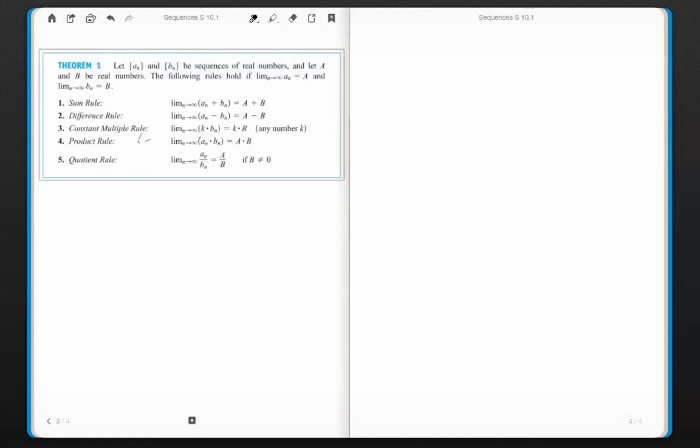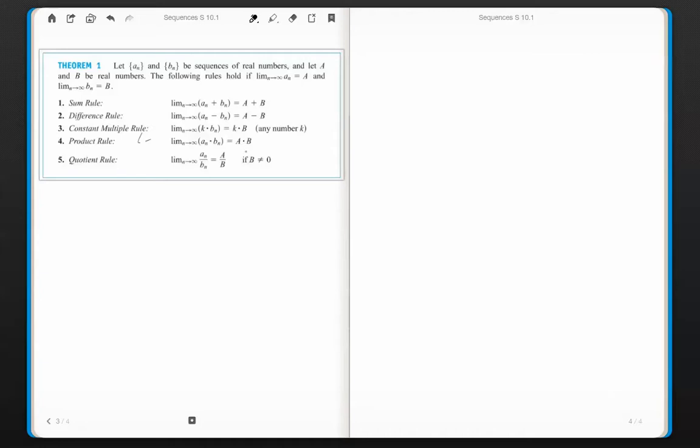With a constant multiple, we can pull the constant k outside of the limit and then find the limit of b sub n. Now here's one that is a little unusual: the product rule. I can take the limit of the product of two sequences, and that's the same as the product of the two limits.